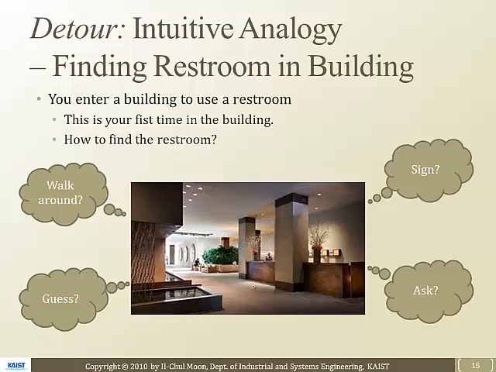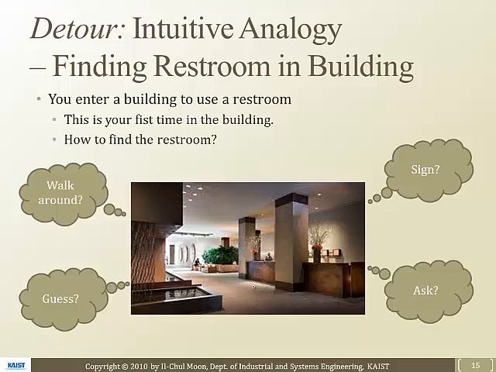Or you can look for some sign, toilet here, but it's not going to be a big sign, right? Or you can ask around, I want to pee, where is the restroom? That works all right, but you have to ask, so it's cumbersome. What you can do is guess. It's the smartest move.